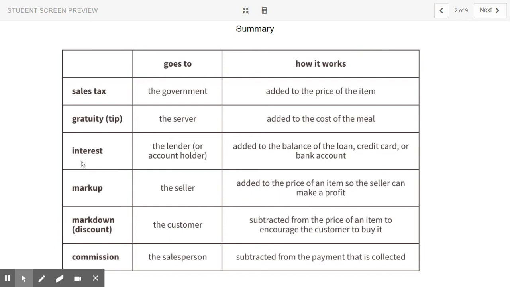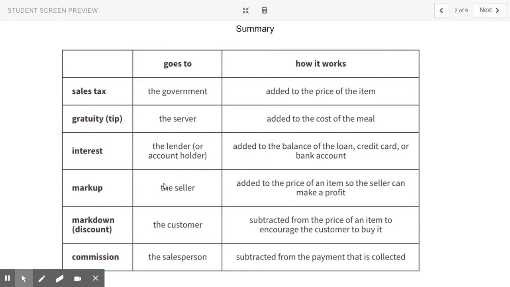Interest. Well, who gets interest? The lender, meaning a person who's giving you money or letting you borrow money. So in most cases, it's a bank or a credit card company, maybe a friend, and they charge you interest. Okay. The other side to that is you as an account holder.